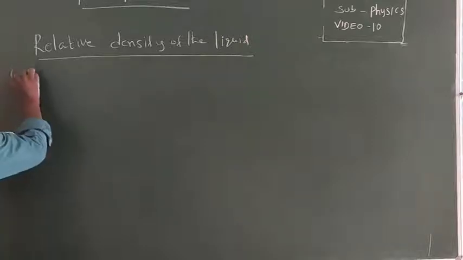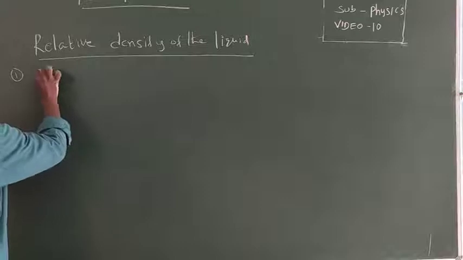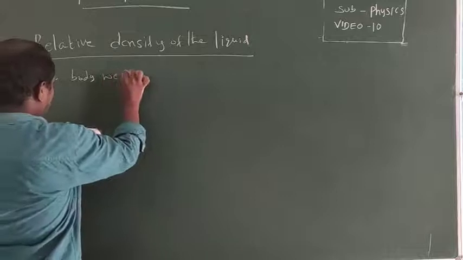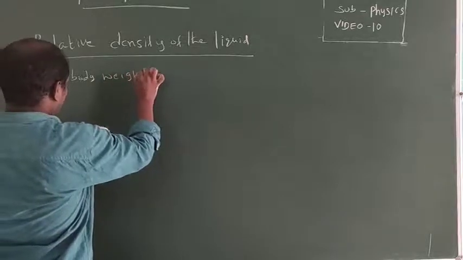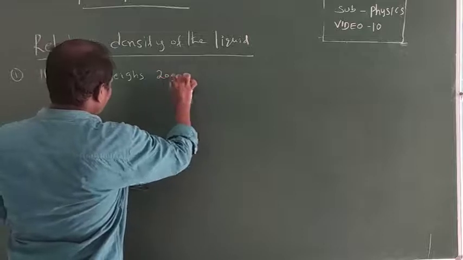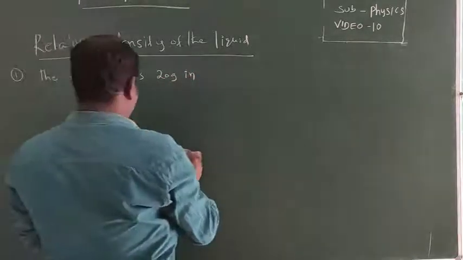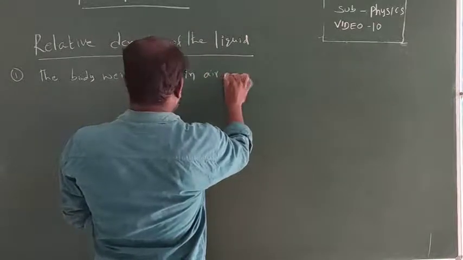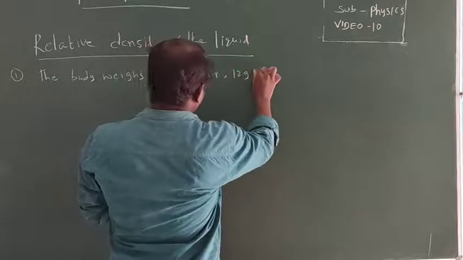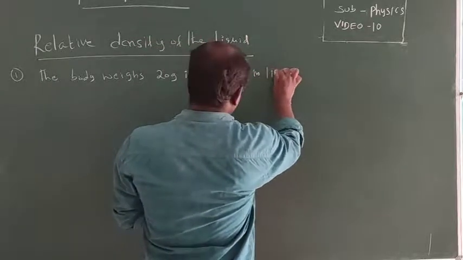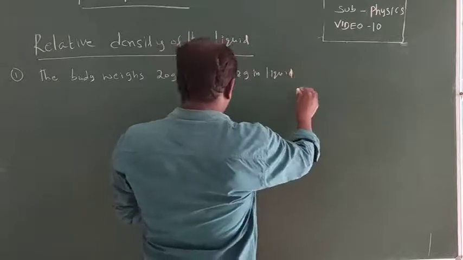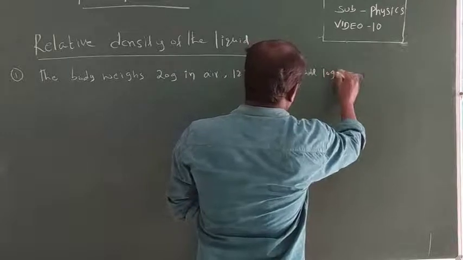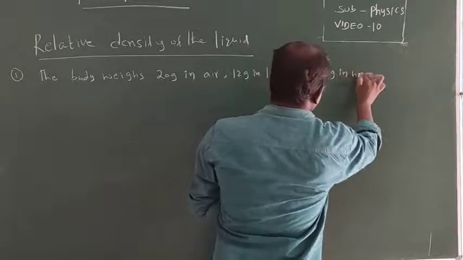First one: a body weighs 20 grams in air, 12 grams in liquid, not water, and 10 grams in water.